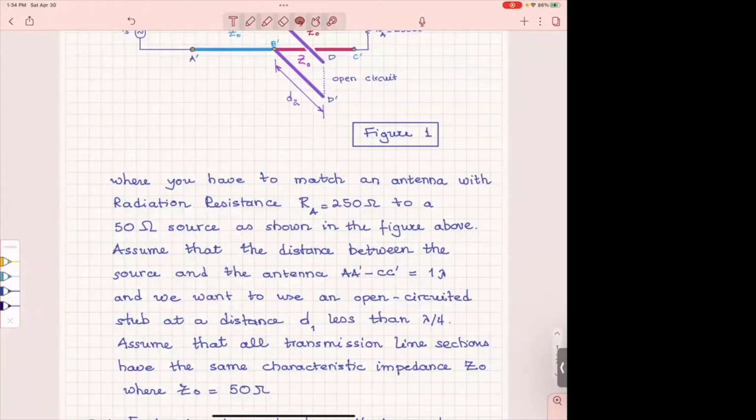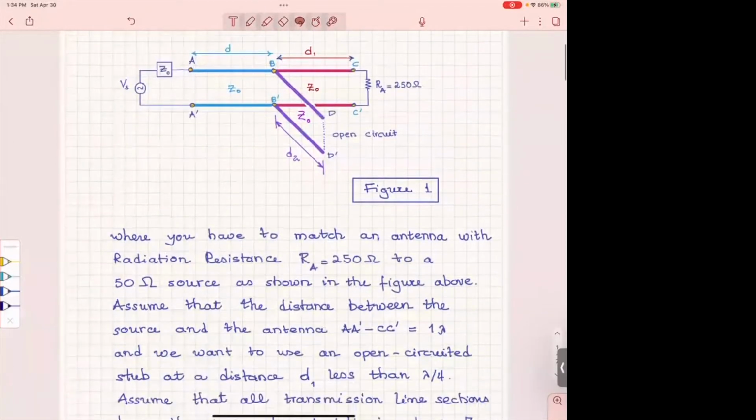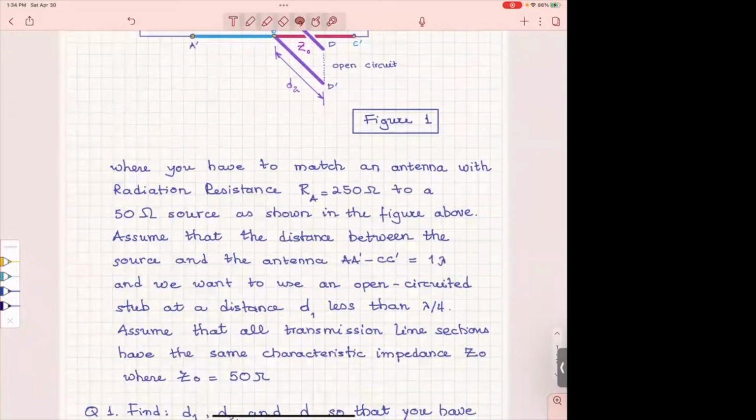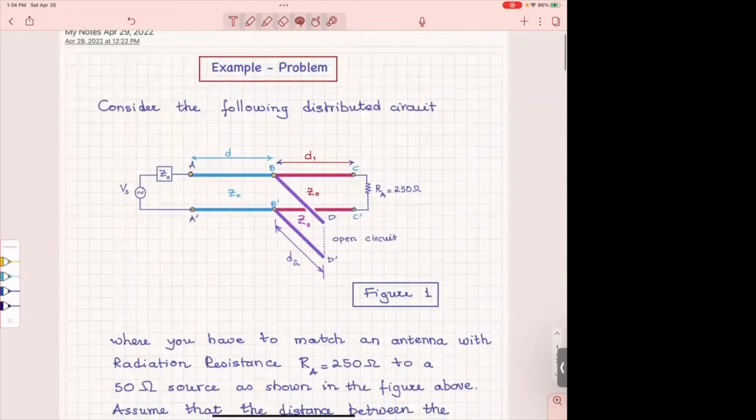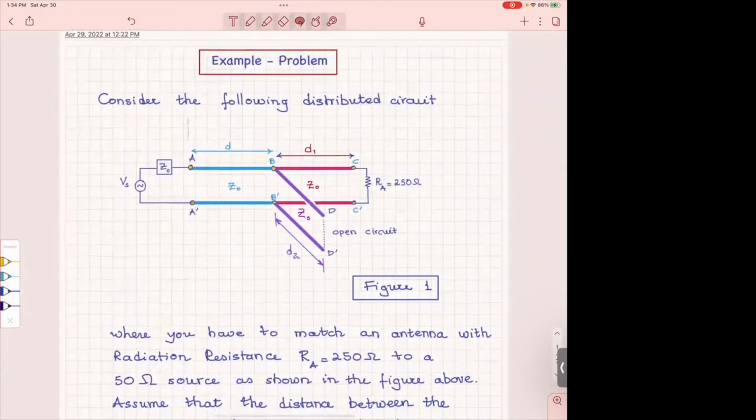Also there is another constraint in the problem. It says, assume that the distance between the source and the antenna is one wavelength. So you assume that between this point, AA prime, and this point, CC prime, you have one lambda.